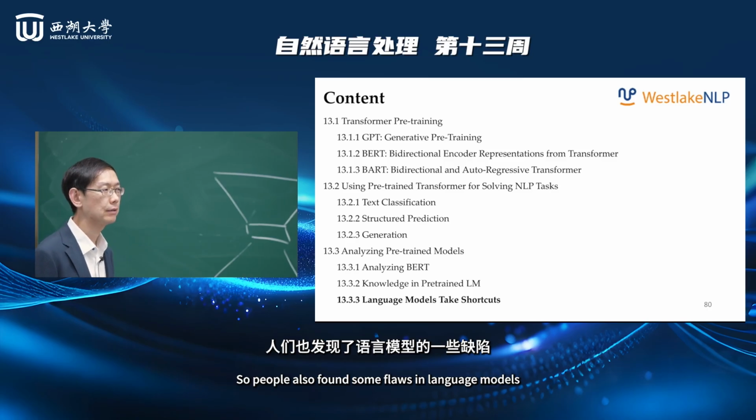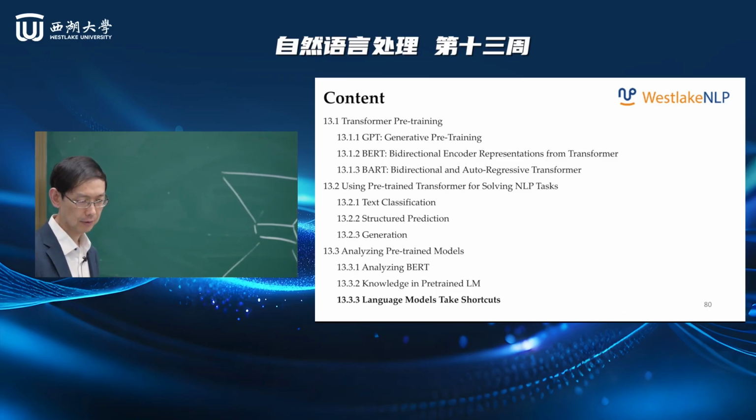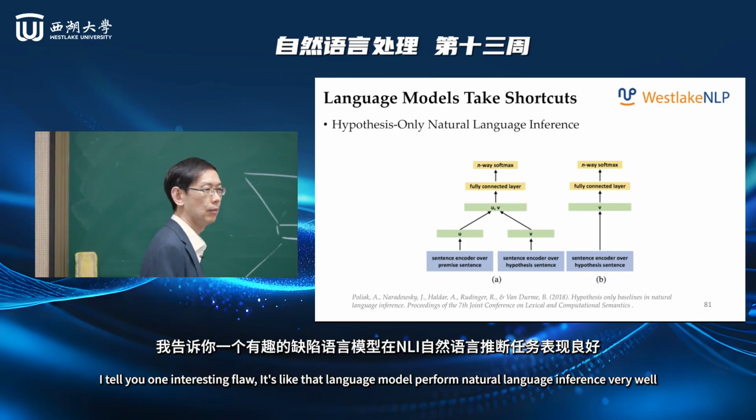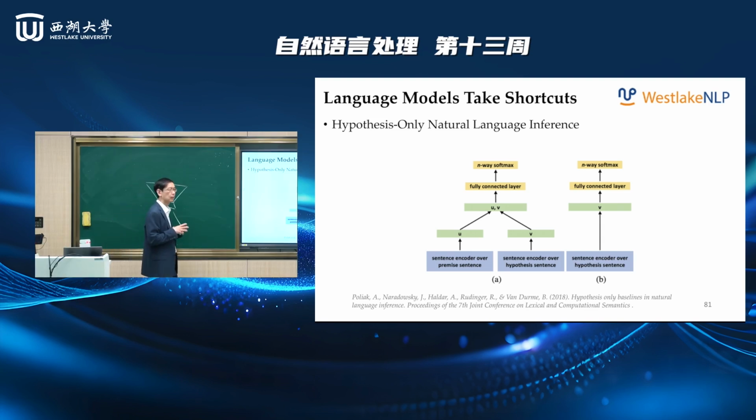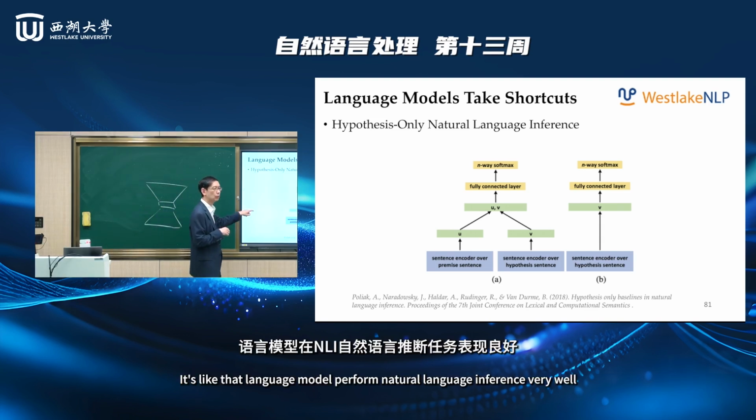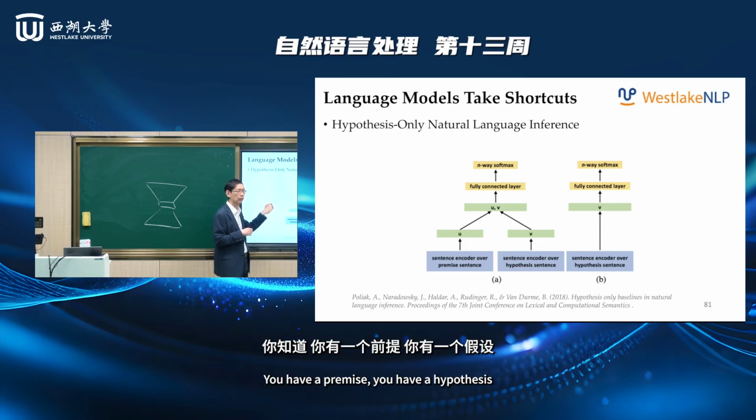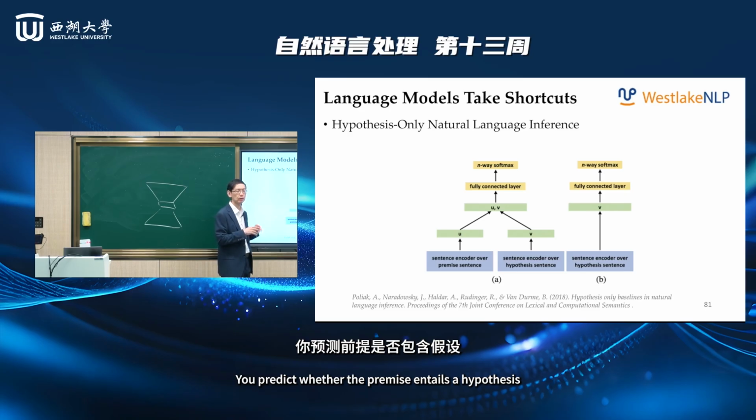So people also found some flaws in language models. I tell you one interesting flaw. It's like that. Language models perform natural language inference very well. You know, you have a premise, you have a hypothesis, you predict whether the premise entails the hypothesis.